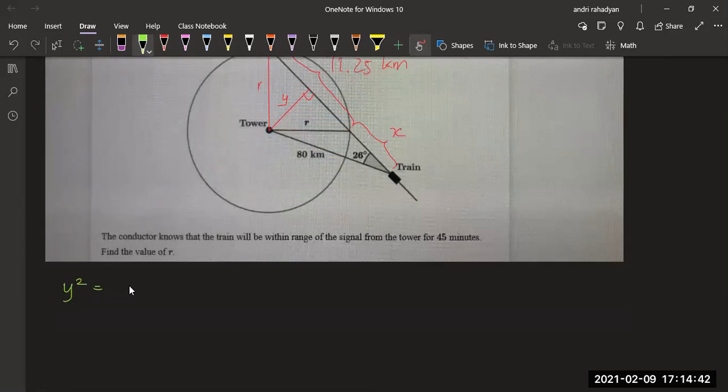Y squared equals 71.25 over 2 squared, plus, not plus, it's minus, you know.